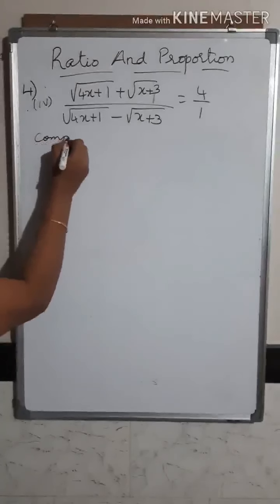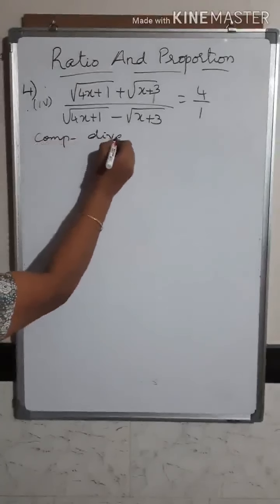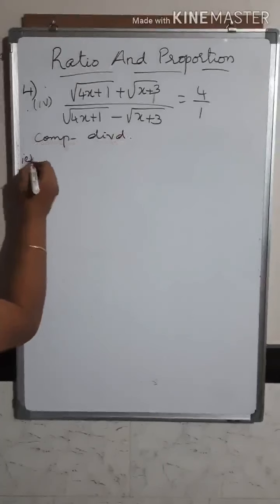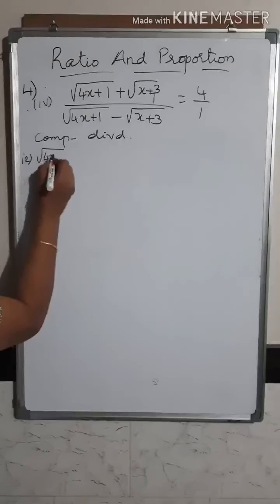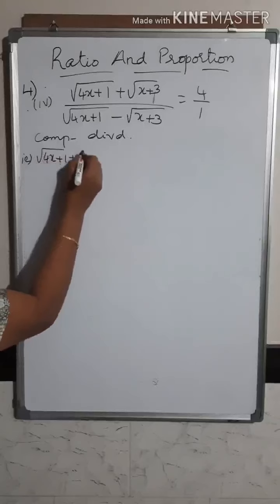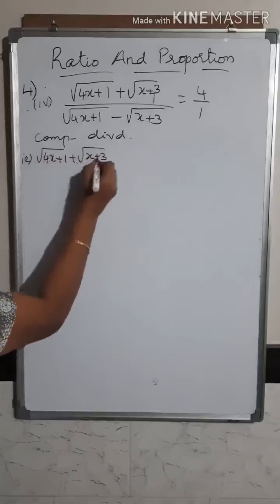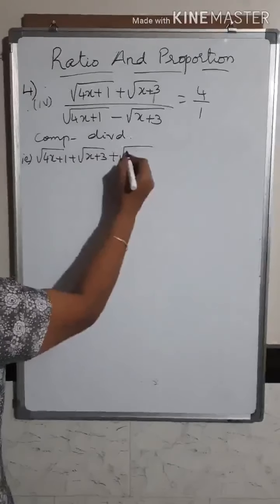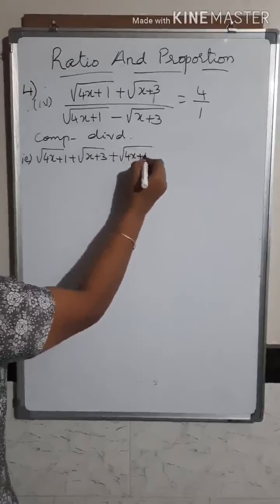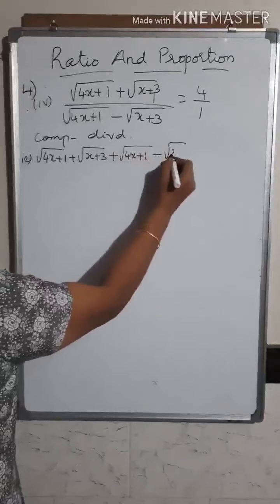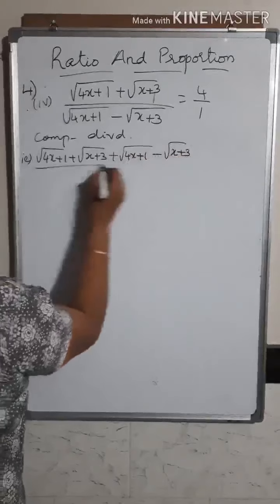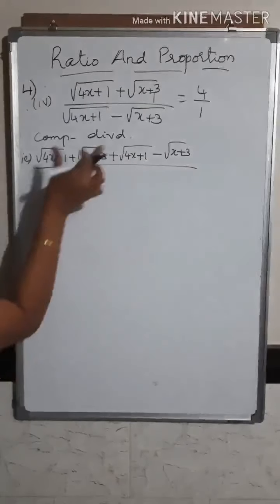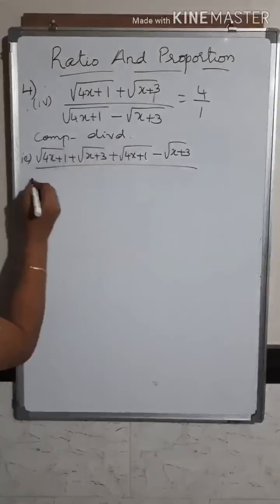By componendo dividendo, you get root 4x plus 1 plus root x plus 3, numerator plus denominator, root 4x plus 1 minus root x plus 3, and in the denominator you have to subtract it. Addition in the numerator, subtraction in the denominator.